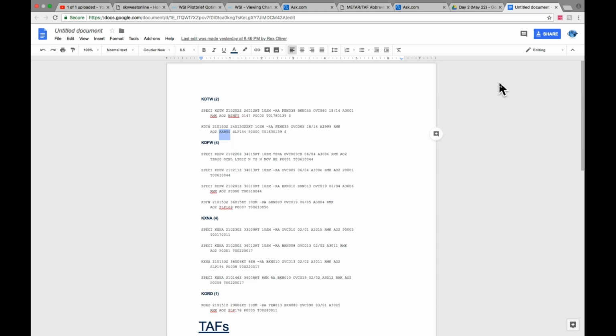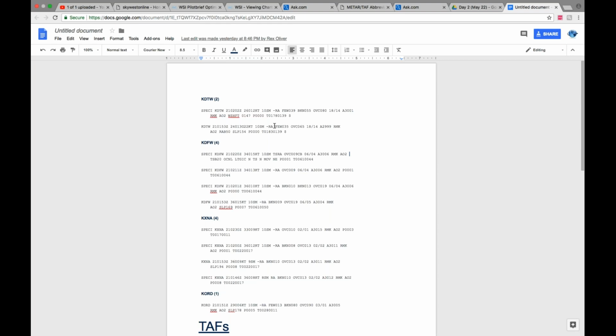Oh, I was muted. I'm not sure. Okay, so what does RA stand for when in reference to a METAR? You can see it right there as well. Rain? Yeah, so rain. Oh, there, duh.